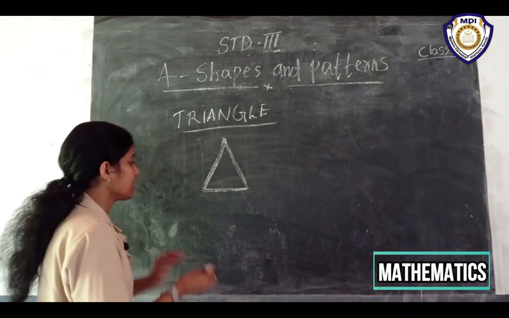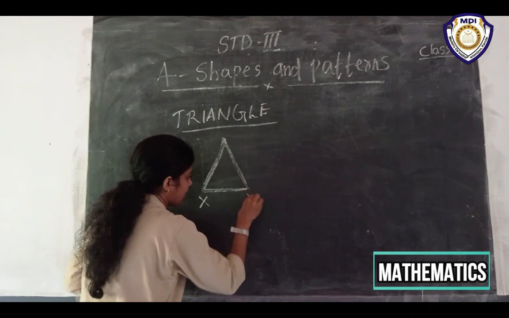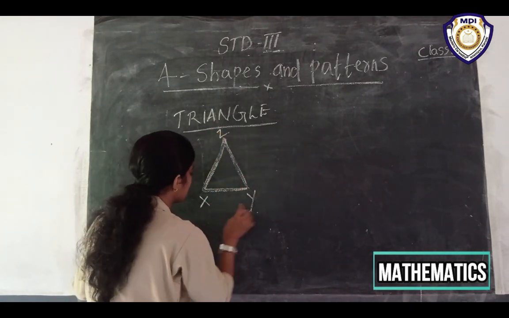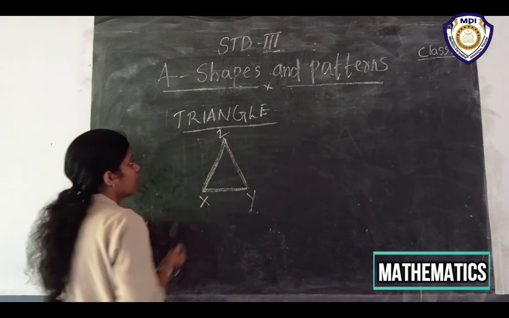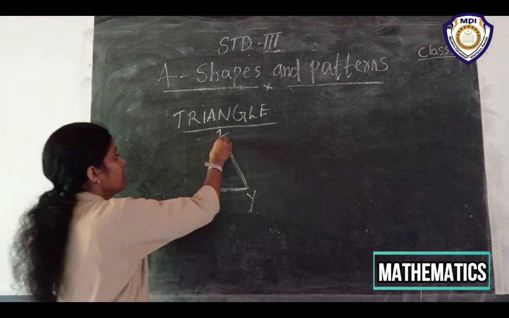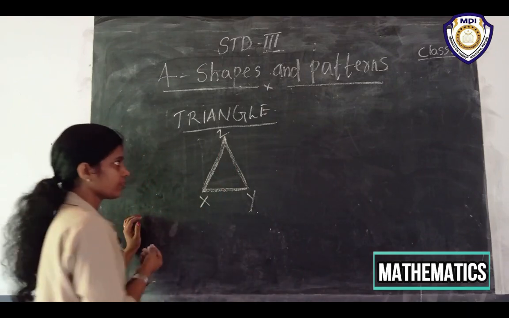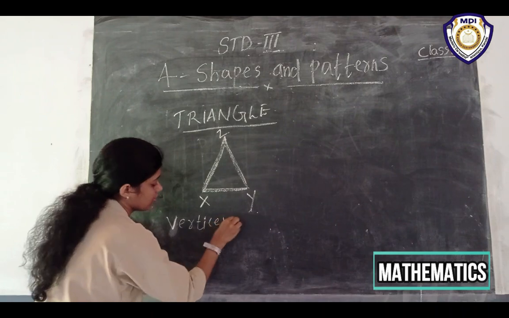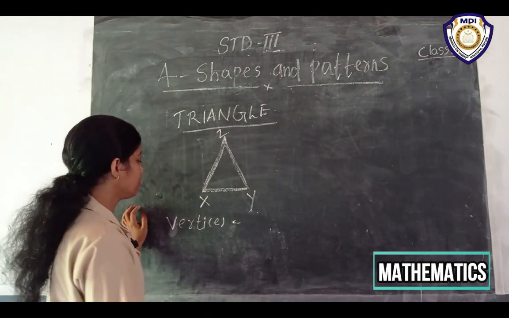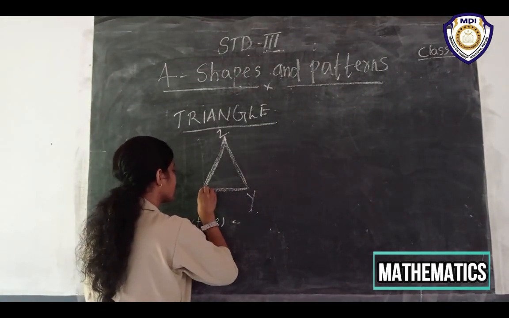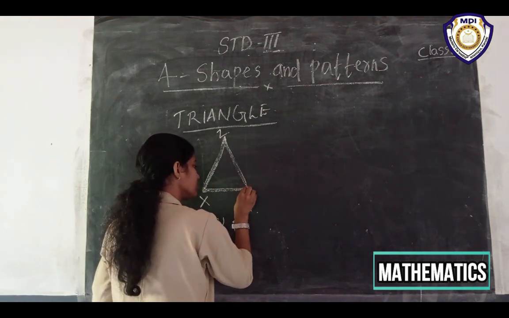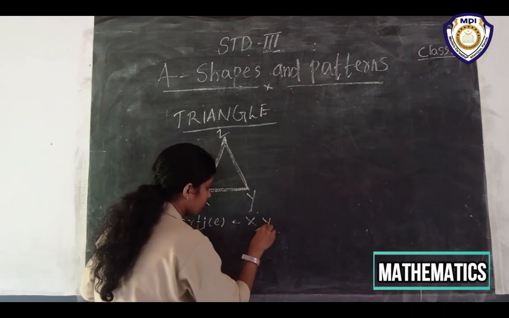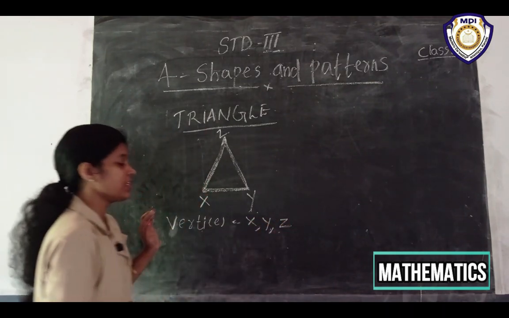Triangle XYZ. How many vertices are there? Only 3. The vertices are X, Y, Z. How many sides?